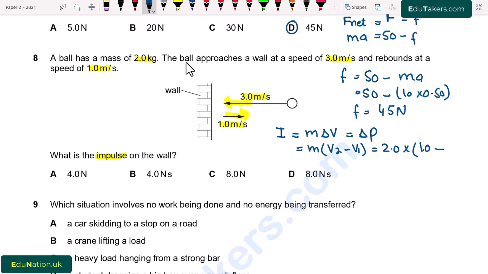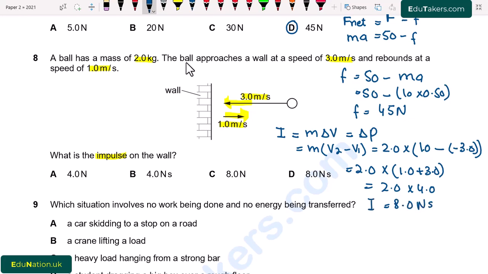But due to the change of direction, there will be minus 3.0. So I write here 2.0 multiplied by 1.0 plus 3.0. It will be equal to 2.0 times 4.0, which is 8.0. The unit of impulse is Newton second. So impulse is equal to 8.0 Newton second, which is D option. So D option is correct here.